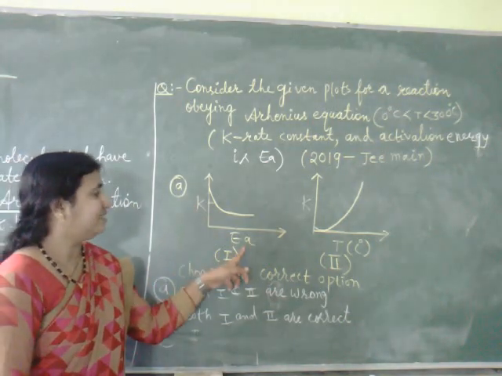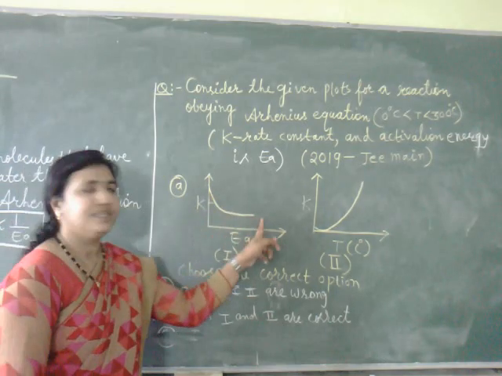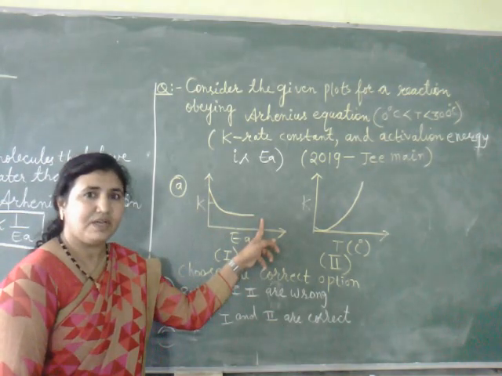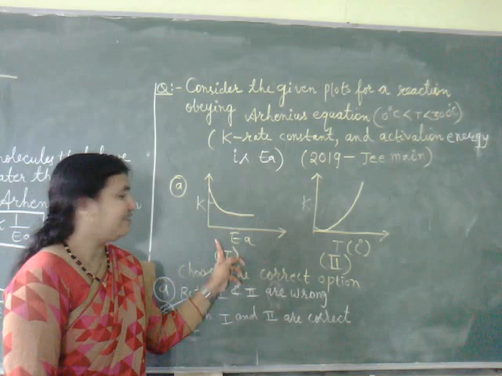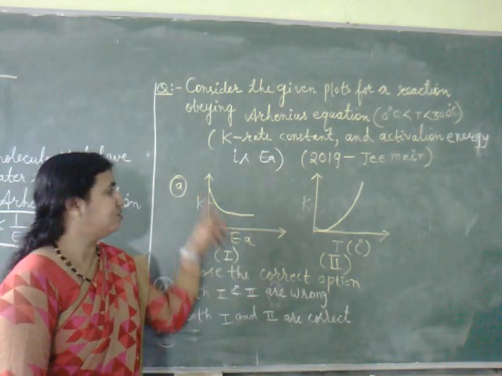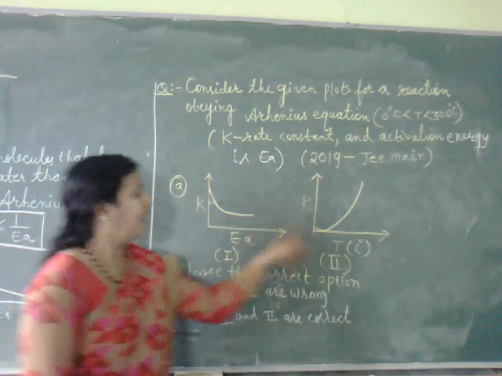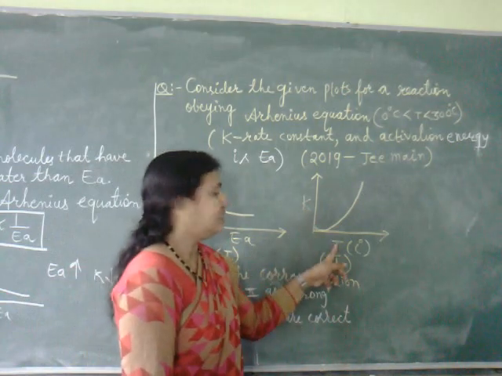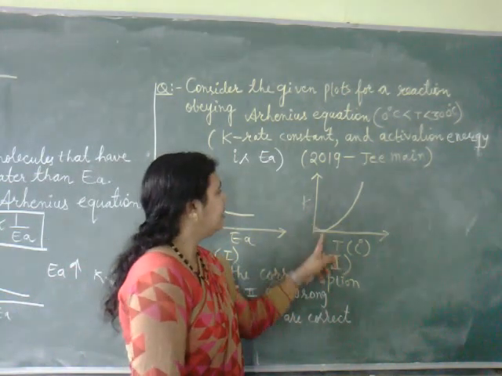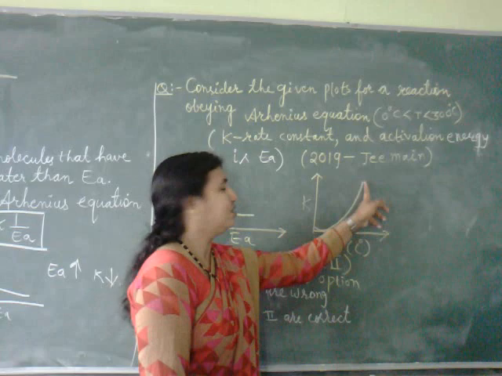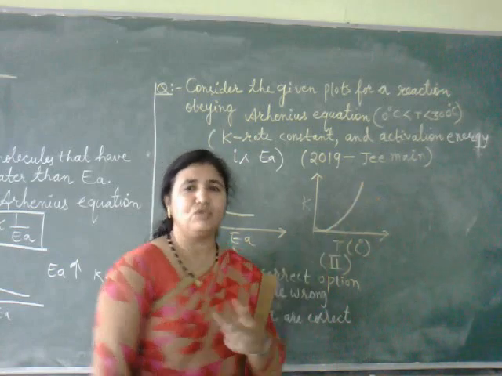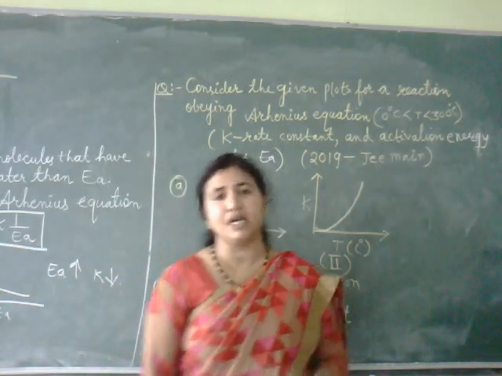In k versus Ea, the rate constant decreases as the activation energy increases. And in rate constant versus temperature, as the temperature increases, the rate constant value increases. These two points are the main points for the Arrhenius equation.